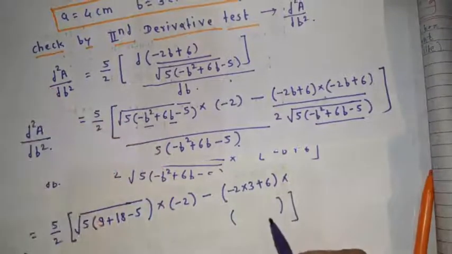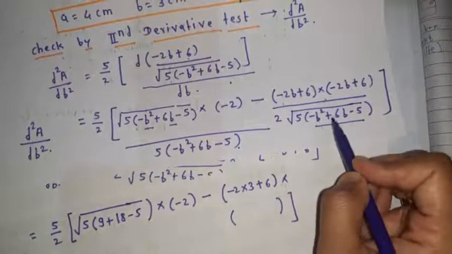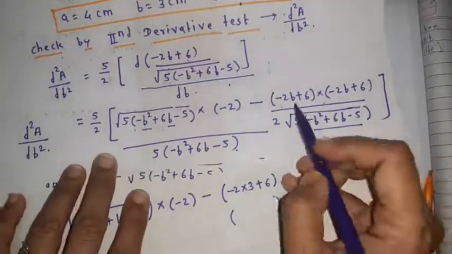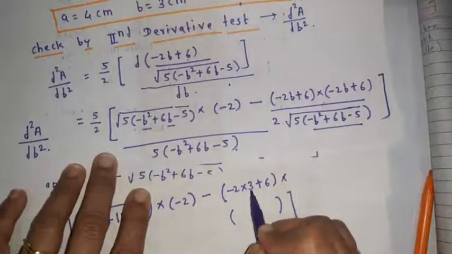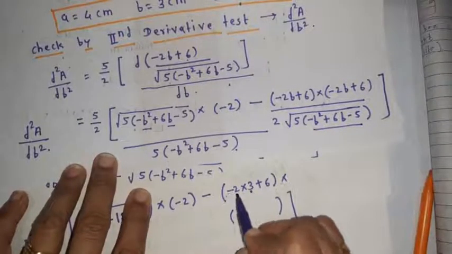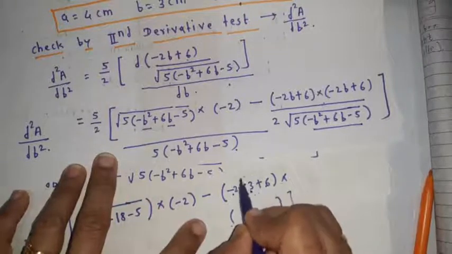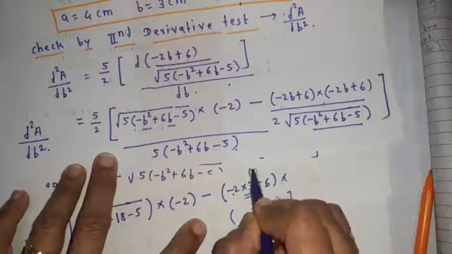It is not necessary to complete the term, students, because if you see here, the value of b is 3. Minus 2 into 3, that is minus 6 plus 6, gets cancelled, and that will be 0.